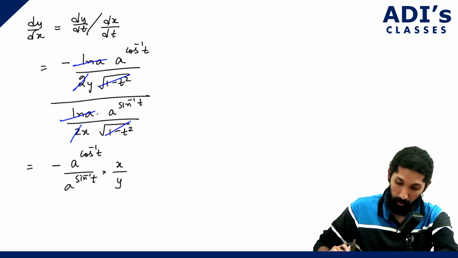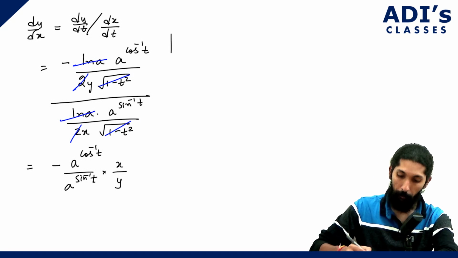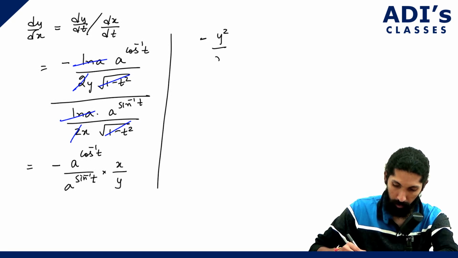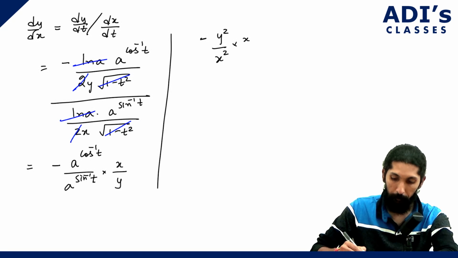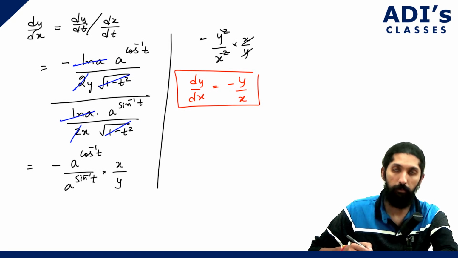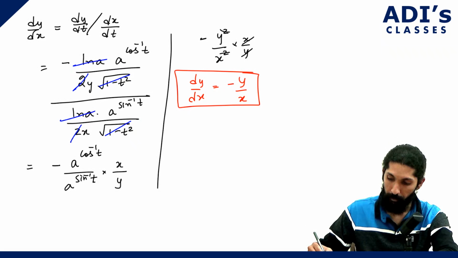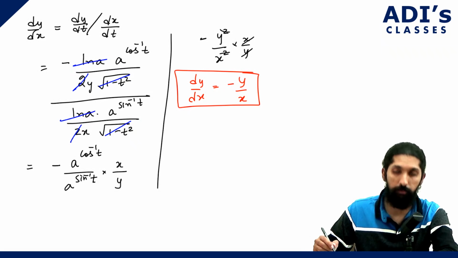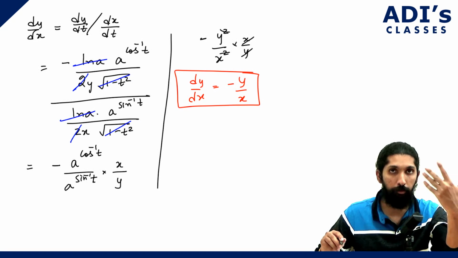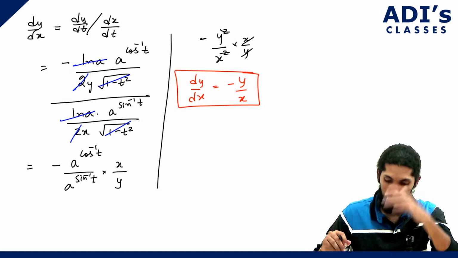So, can we write this as minus y square divided by x square into x by y? X cancels. So, what do you get? Dy by dx is equal to minus y by x. Alright? Dy by dx is equal to minus y by x. So, the answer for this question, we were trying to prove it, isn't it? So, this is the proof, minus y by x.